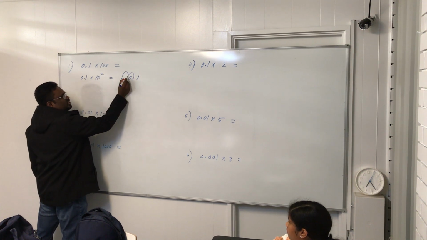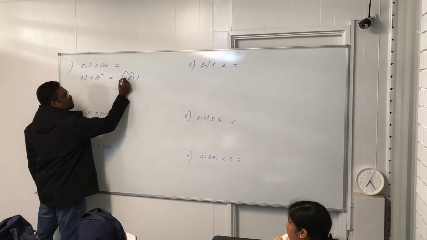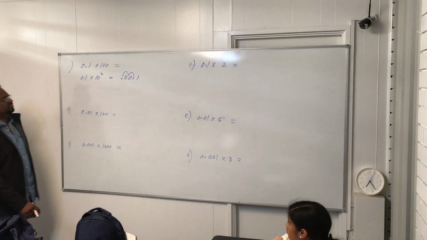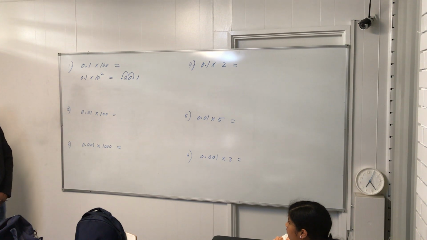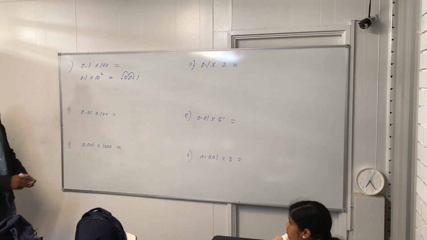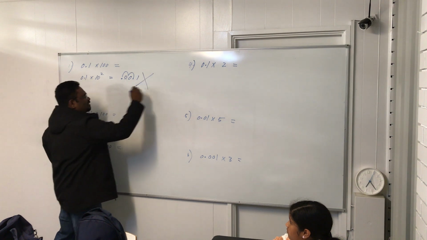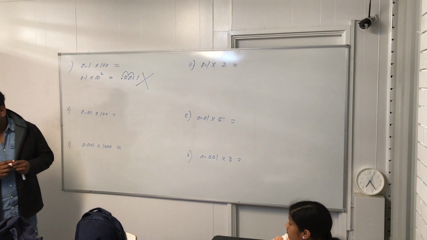So the dot is here, and you have a vacant position there, so you put 0. Right or wrong? It's wrong. Why did I do this? Because I wanted to show you the wrong way.